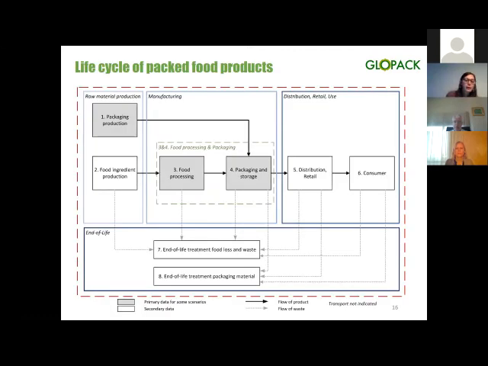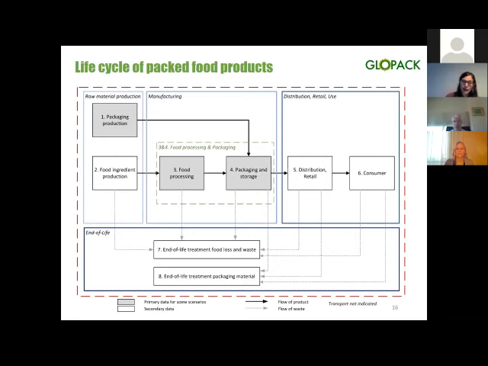First of all, GLOPACK is about packaging material, as already said, but the relationship with food is of course very important, because using another packaging material might affect shelf life and thus food loss, as already explained during the previous presentation. So what we are doing is having a look at the life cycle of packed food products.